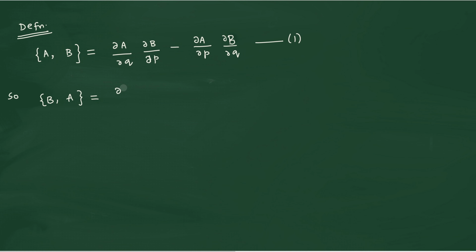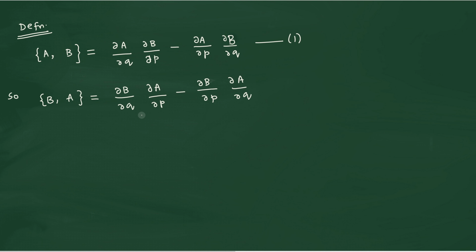So the first element should be B, the second element should be A. That is how you write it down. The order QP will not change. First will be Q, the second one will be P. That will not change. And then here, earlier the first one was A, second one B. Now it is first one B, second one A. So I write that this is dou B by dou Q, then dou A by dou P, and the other term is dou B by dou P, then dou A by dou Q. So therefore now you have this.